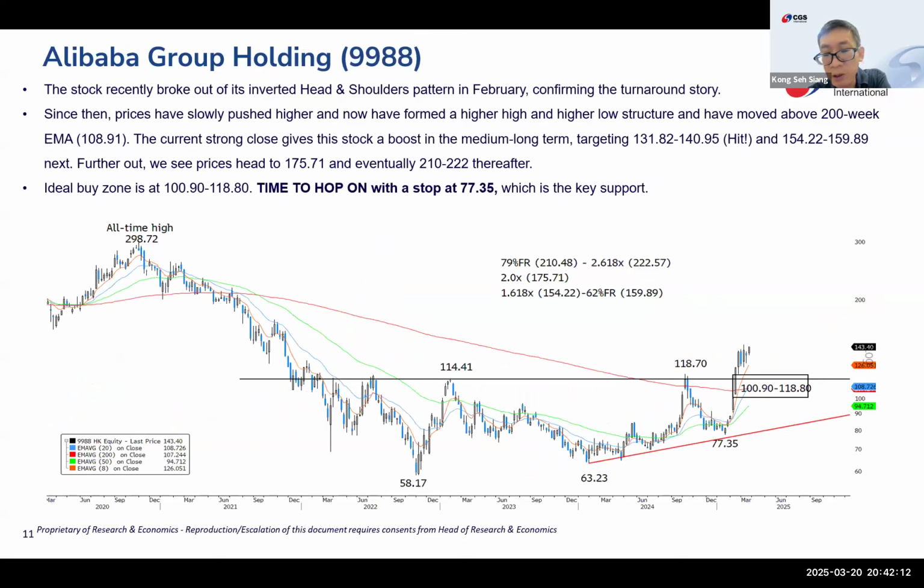Based on this inverted head and shoulders pattern, it has a target of roughly about 175, so there's still quite a bit of upside to go. I think any pullback to a key support of about 100 to about 119 is a good entry level for Alibaba longer term. The key stop level to watch out for is about 77.35.